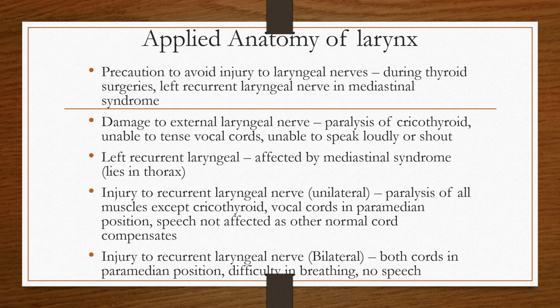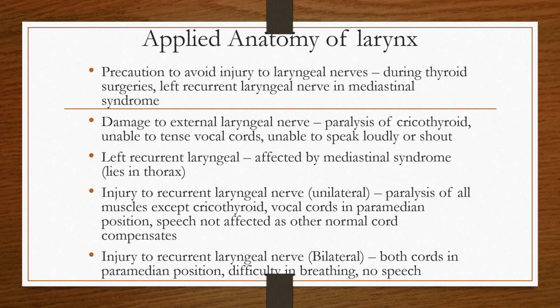If the left recurrent laryngeal nerve is affected, it is usually due to mediastinal syndrome, because the left recurrent laryngeal nerve lies in the thorax. It winds around the aorta to come into the neck, whereas the right recurrent lies in the neck. Unilateral injury to the recurrent laryngeal nerve leads to paralysis of all muscles except cricothyroid, because it has a different nerve supply.